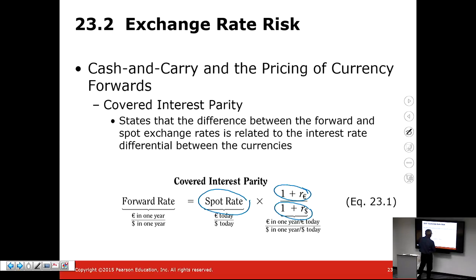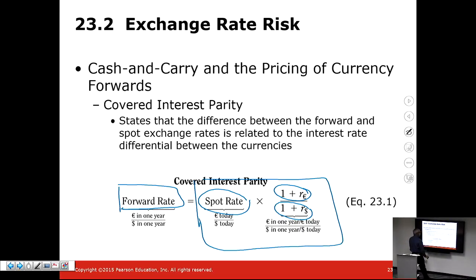And of course, I'm multiplying that by the spot rate. Given this, the forward rate and this part are equivalent. If they're equivalent, then I have an equation, and that equation we call covered interest parity, or CIP.